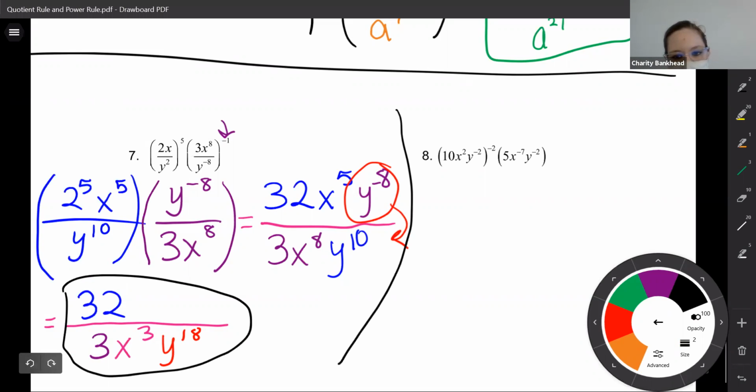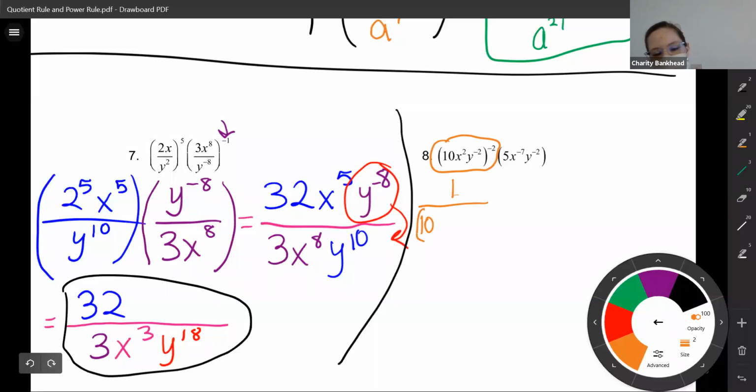All right, number 8. Let's see. Okay, we have a negative exponent. We need to deal with that. So what we could do is we can take this whole thing here and change that to 1 over 10.